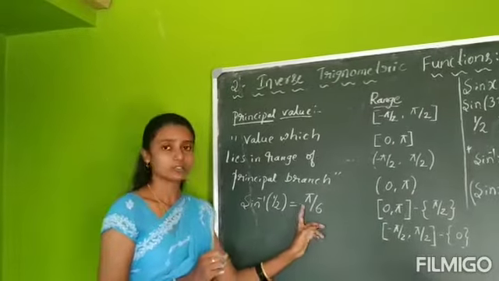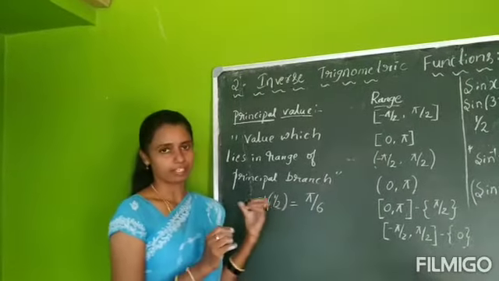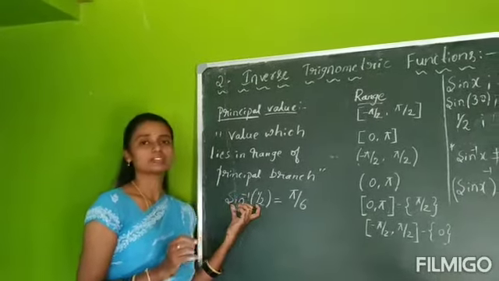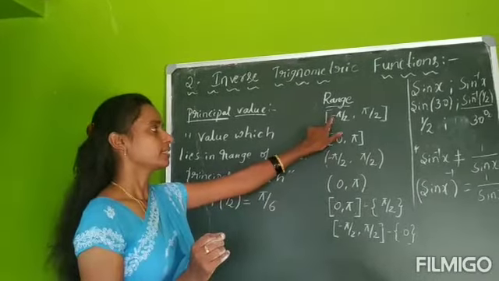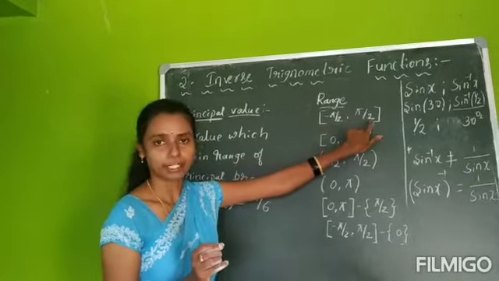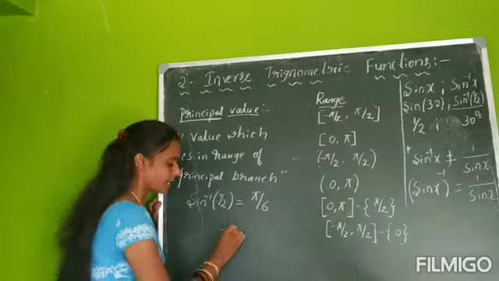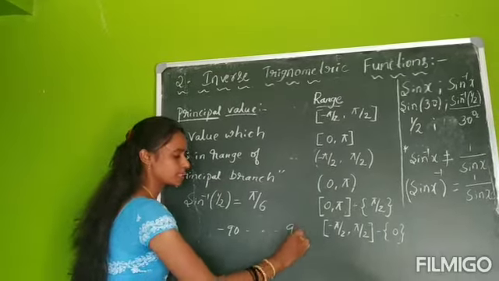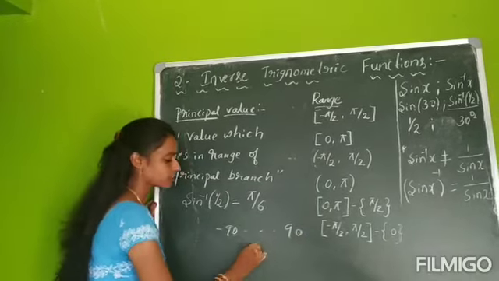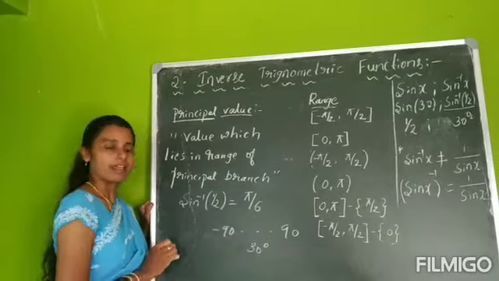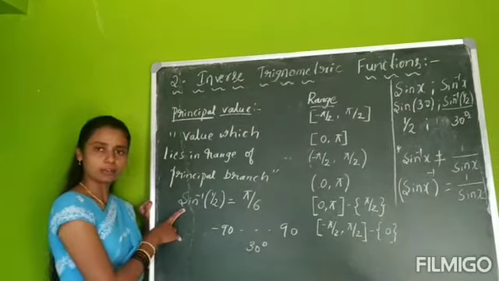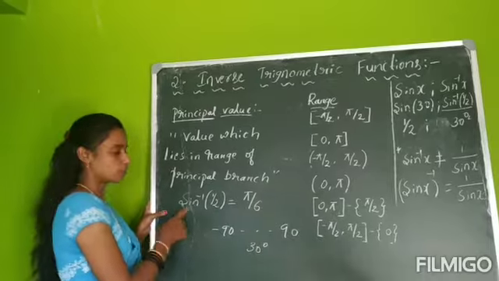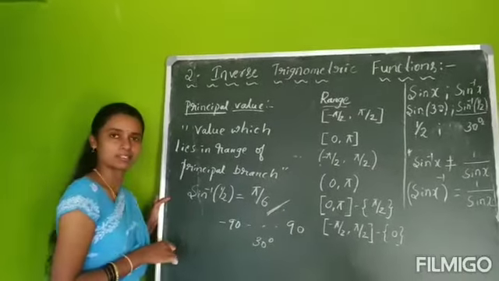That value you need to check in the range of sine inverse, which lies in minus pi by 2 to pi by 2, that is minus 90 degree to plus 90. There is 30, right? Hence you can write the principal value of sine inverse of 1 by 2 as pi by 6.